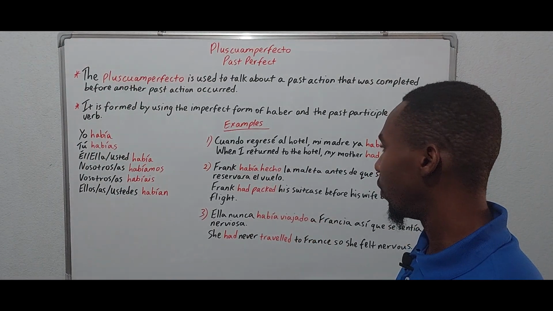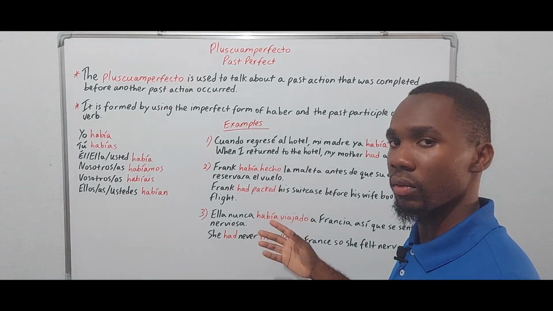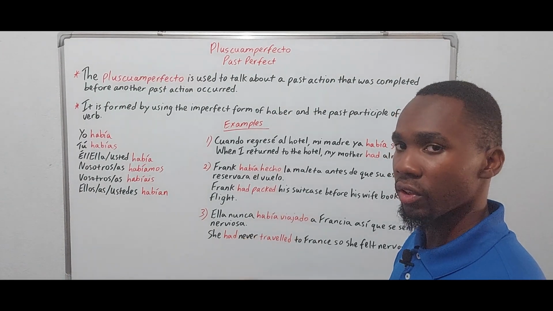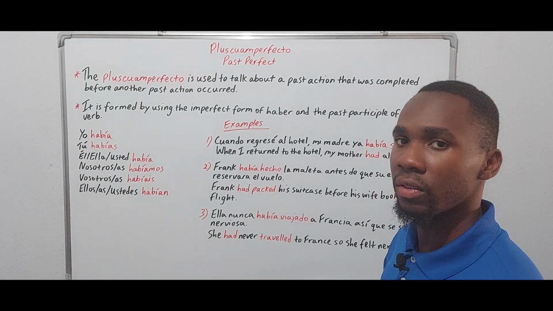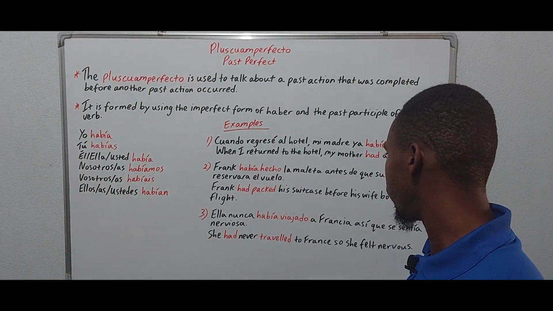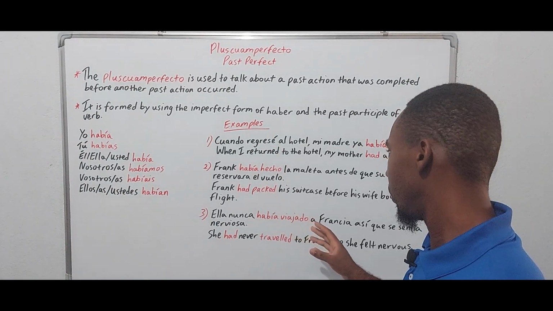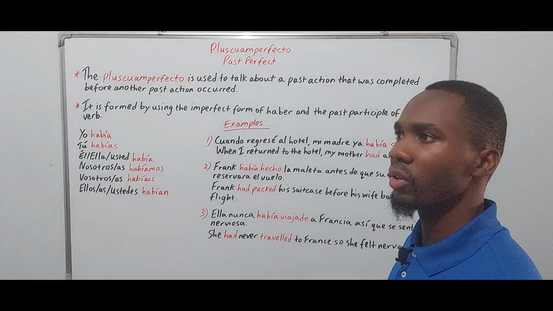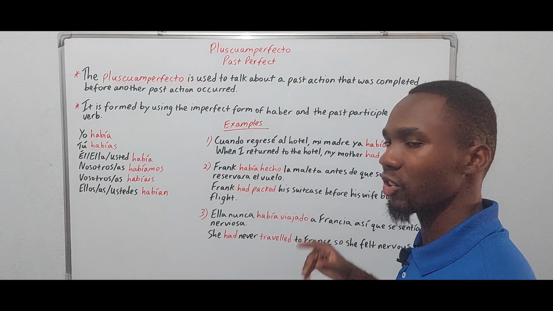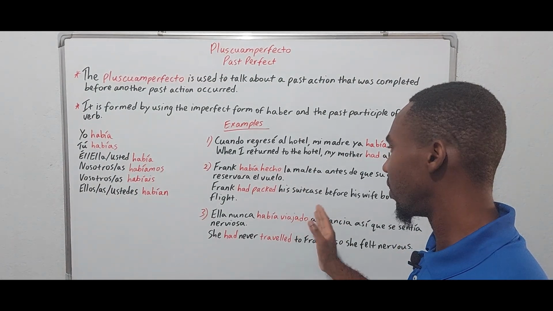In previous examples, we would have talked about a sequence and having to use the past perfect with the first event of the sequence, right? But in this case, this first part is more explaining why she felt nervous because she had never done something, as opposed to this being in a sequence.